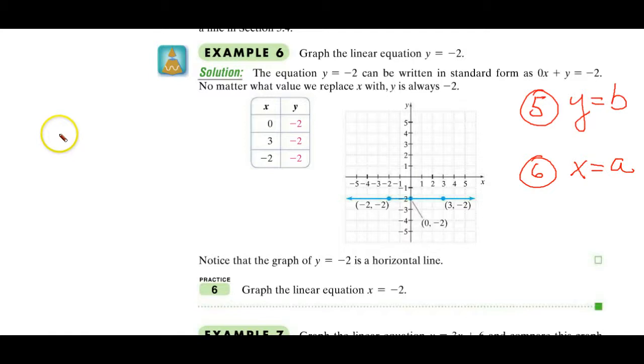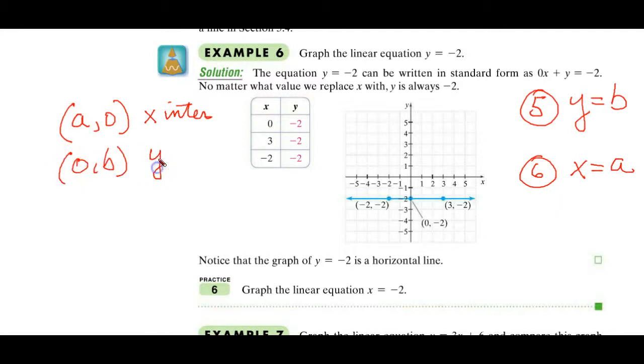Well, you may or may not have recalled from an earlier part of this lesson, a comma 0, that is your x-intercept, and 0 comma b is your y-intercept. Well, this ties into these equations.